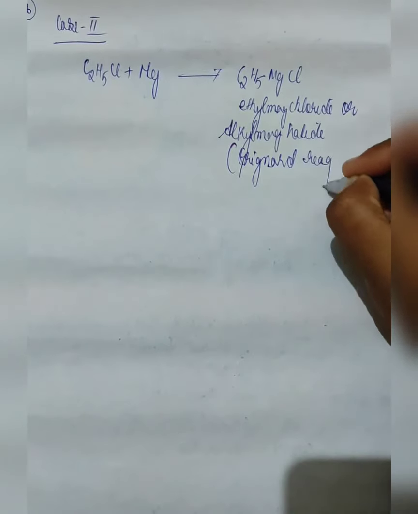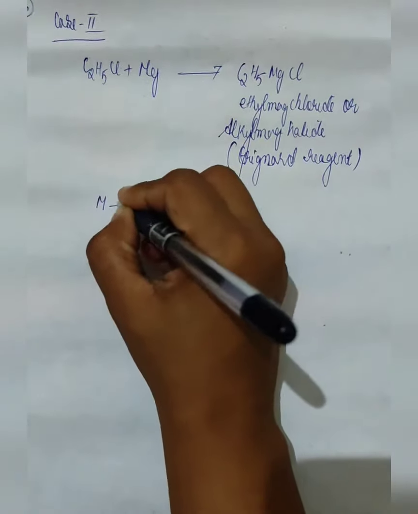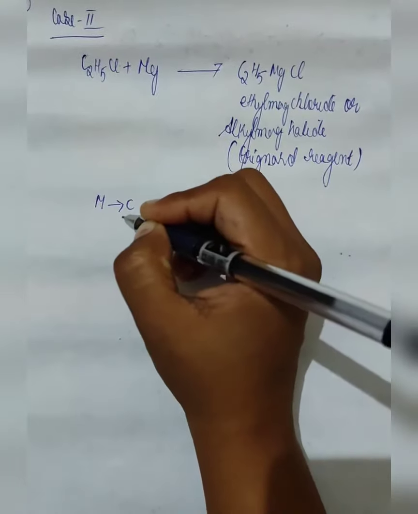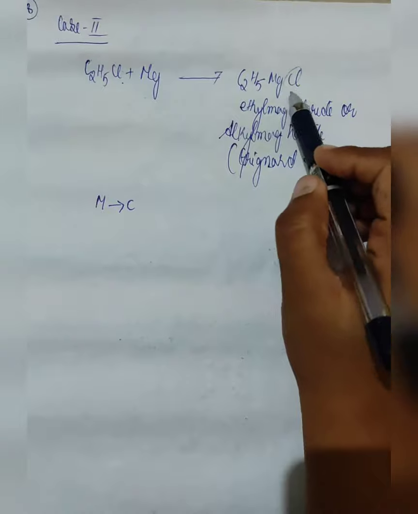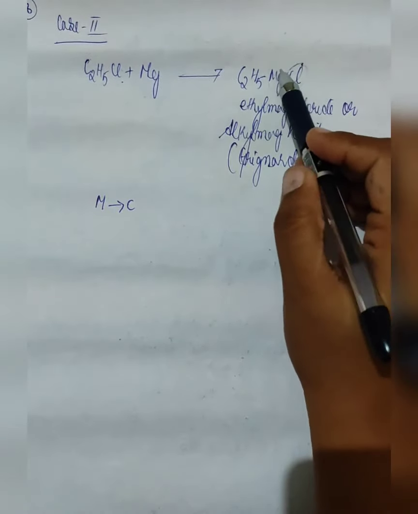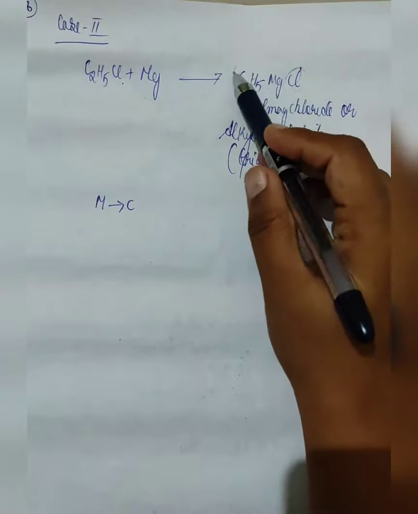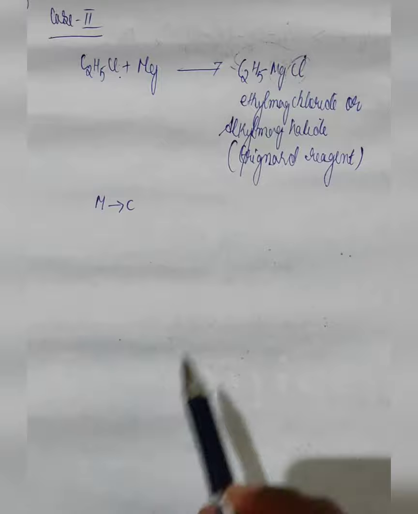In the first case, the simple organometallic compound, we have observed that the metal is directly linked to the carbon. In this second case, a halogen atom as well as an alkyl group is linked to the metal atom.